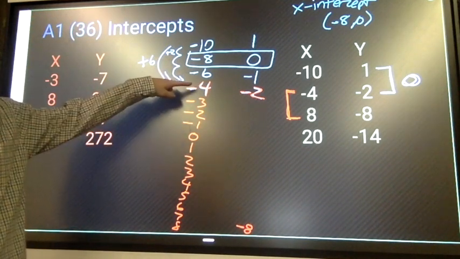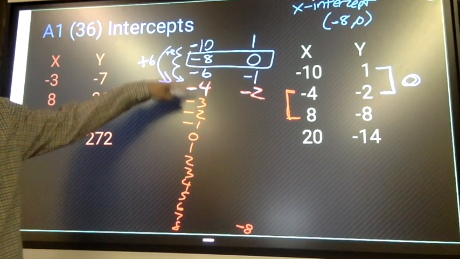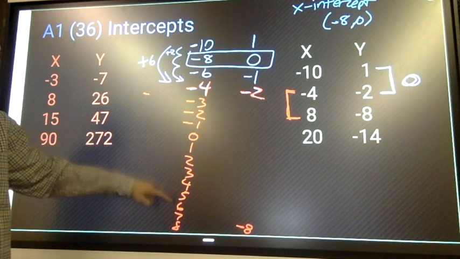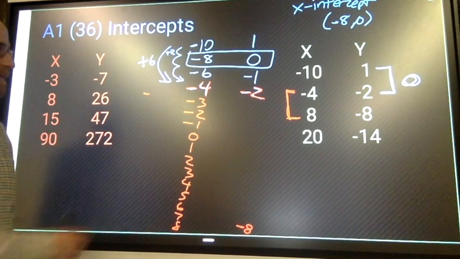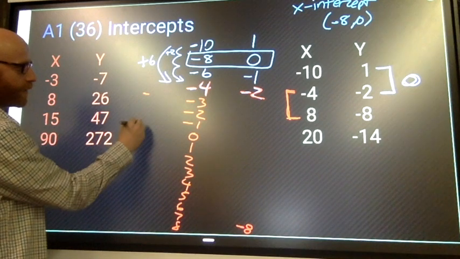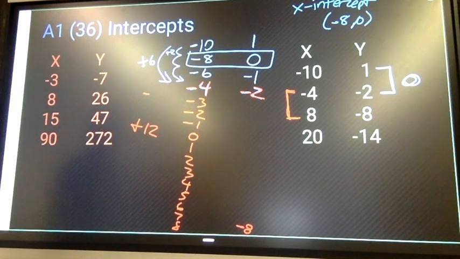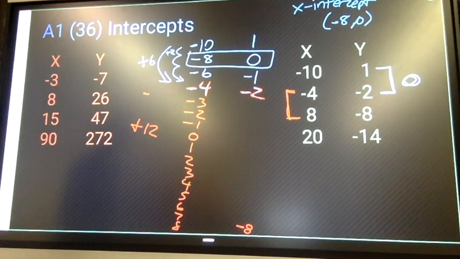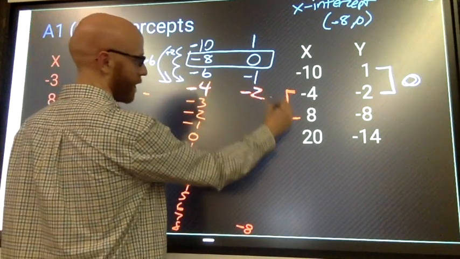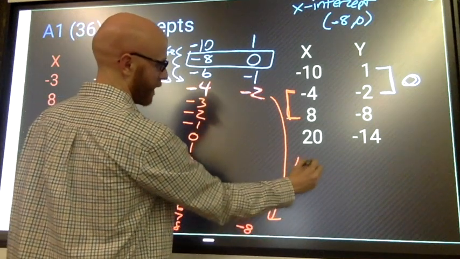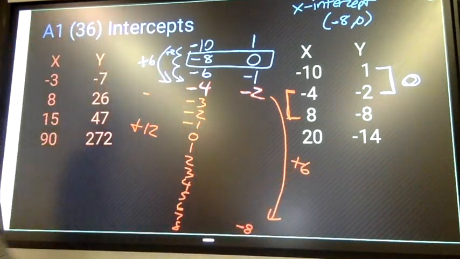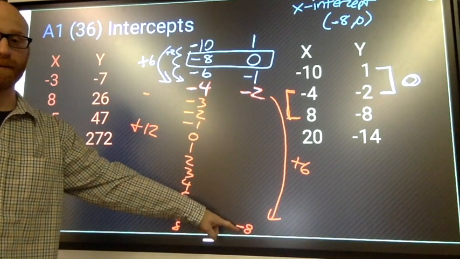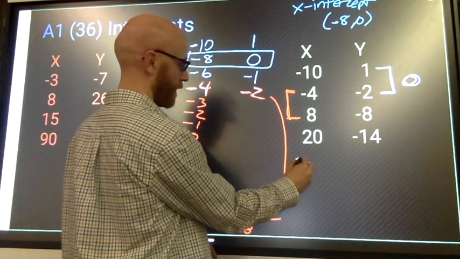Now I need to go up 1, 2, 3, 4, 5, 6, 7, 8, 9, 10, 11, 12. I need to make a jump of +12 in the x column at the same time that I'm making a jump of just +6 in the y column from -2 to -8. Or that's not a +6, that's a -6.